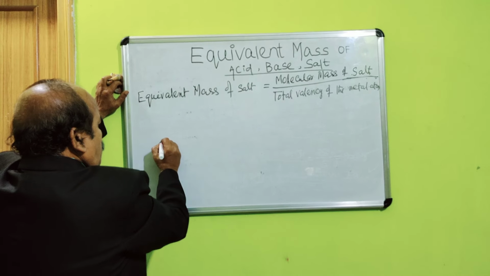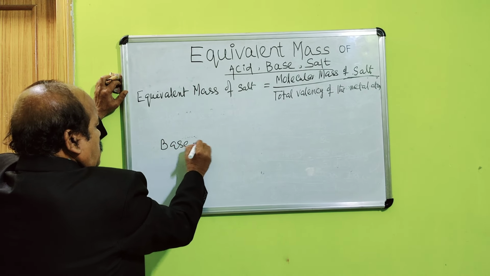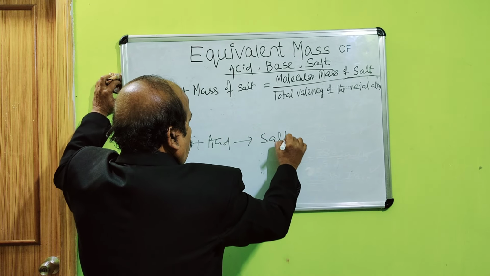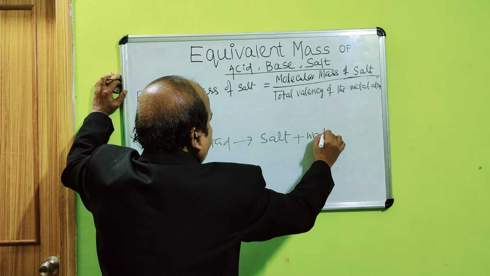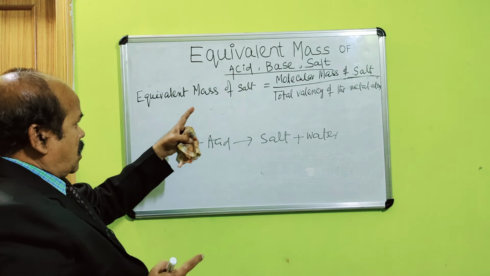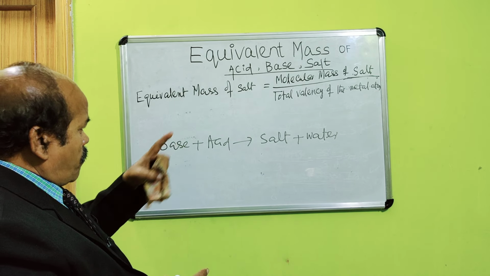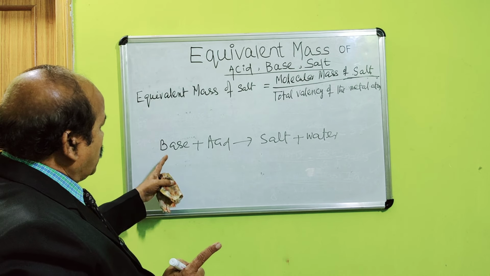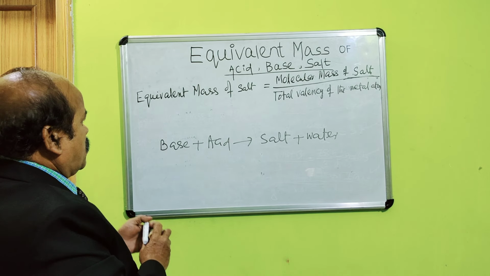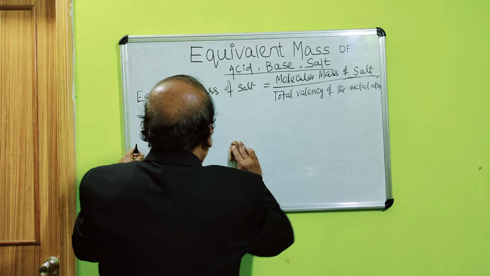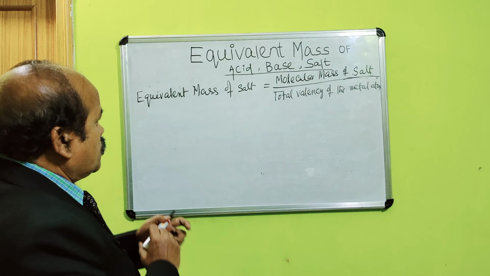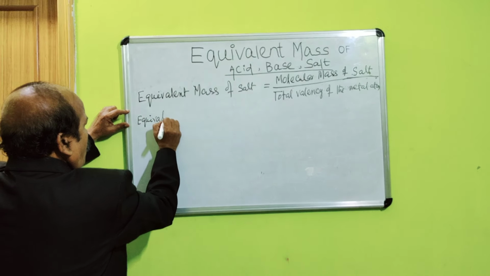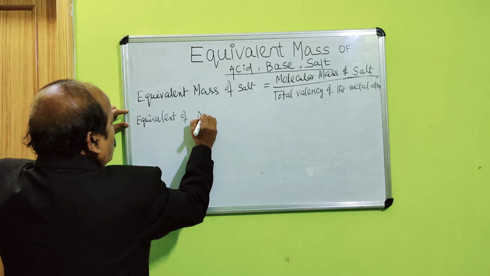A salt is formed by the combination of a base with acid, which will give rise to salt plus water. So equivalent mass I shall find out for different salts, and everywhere I shall cite how a base is combined with acid forming salt plus water. Now equivalent mass of sodium chloride.